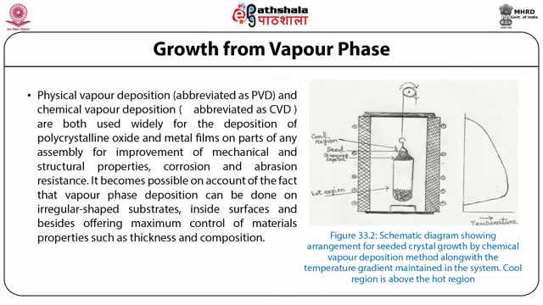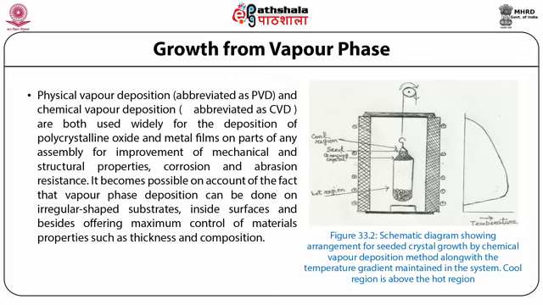Physical vapor deposition, which is abbreviated as PVD, and chemical vapor deposition, abbreviated as CVD, are both used widely for the deposition of polycrystalline oxide and metal films on parts of any assembly for improvement of mechanical and structural properties, corrosion, and abrasion resistance.